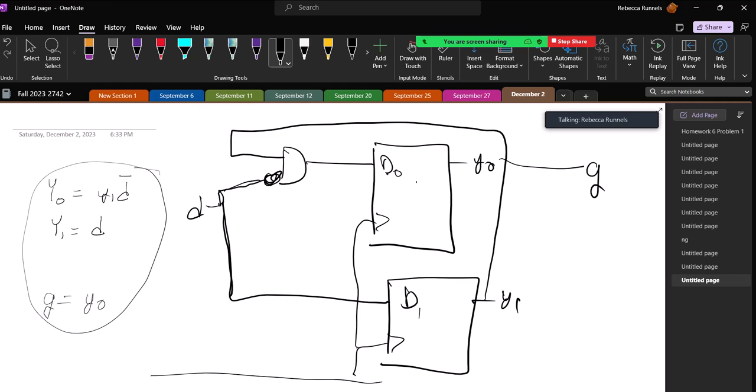And Y1 is D, so that's just the input into this one. Is D a don't care? No, I'm sorry, this is my input. I don't know why I used D as an input. Somewhere along the way we had a problem that had D as an input. So the D's in the truth table are the input, and Y0 is your output.